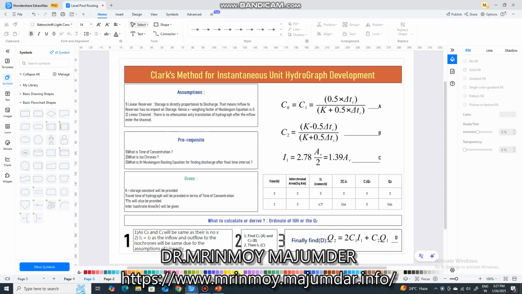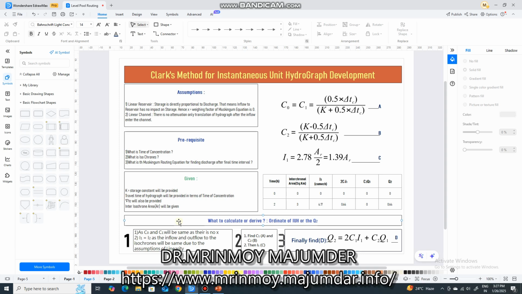So just to recapitulate, first calculate C0 or C1 and then multiply the value with 2, because C0 and C1 are the same here because X is 0, because of the assumption that the reservoir is linear, with low impact of inflow.